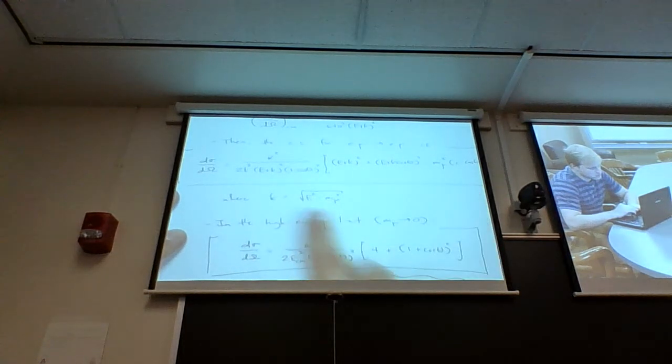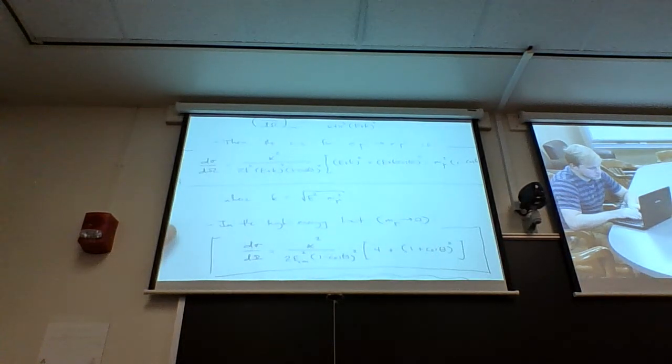And finally, you can take the high energy limit. Remember last time we computed things keeping the muon mass and treating the electron as massless, and then we said that in most of these experiments the colliding energy is a lot larger than the muon mass, so we can take the high energy limit and set the muon mass to 0.